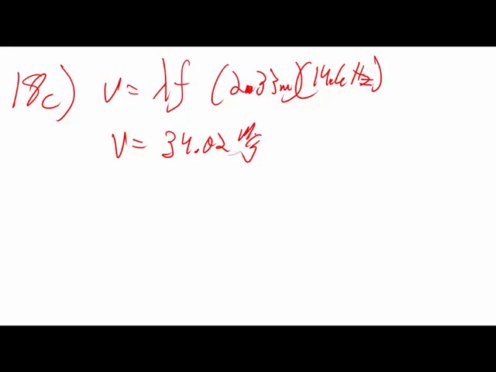You say, how do you know it's meters per second? Because hertz is reciprocal seconds, 1 over s. Remember that the period is the time it takes to complete one cycle, 2 pi radians.